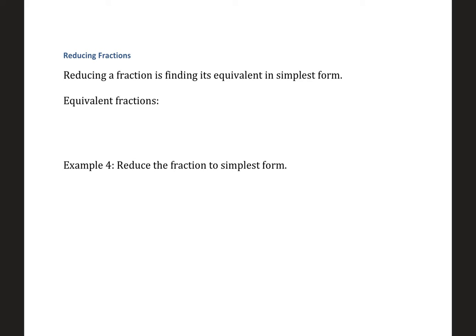So with reducing fractions, we first have to think about equivalent fractions. So it makes sense that, say for example, I have 2 whole bars, and I'll draw them out right here.